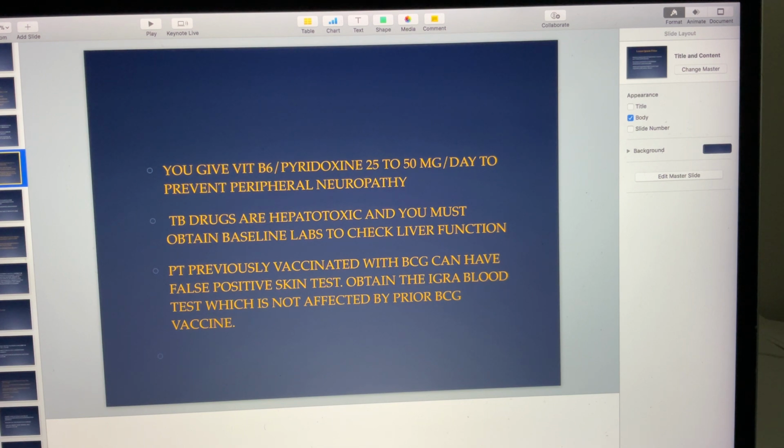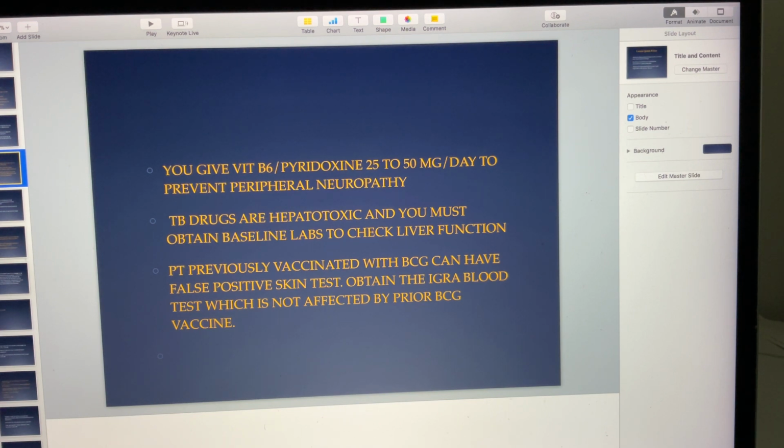And I had this question specifically. Patients who previously got the BCG vaccination, a lot of people from Africa, for example, are vaccinated with BCG. Because of that, when you do their skin test for TB, you tend to get a false positive.